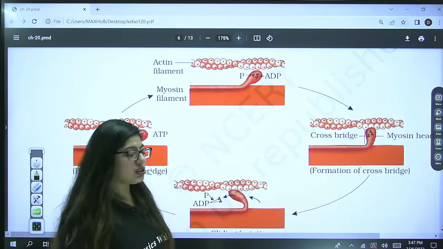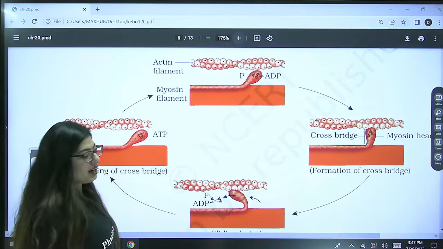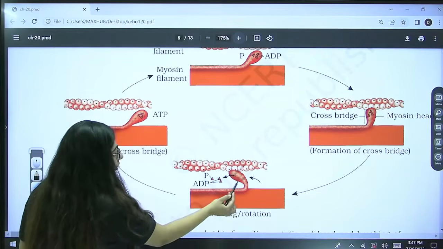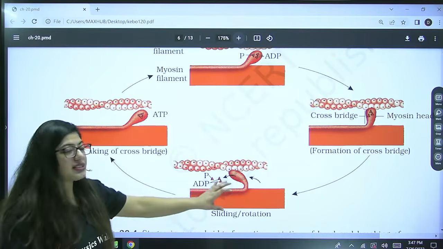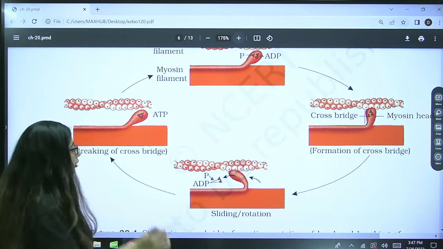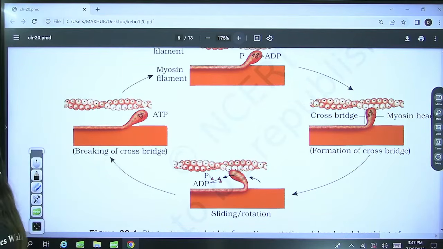Once this cross bridge is formed and ADP is released, you can see here ADP has also been released, the head will move, causing the sliding or rotation. So once the sliding and rotation has taken place, a new ATP will bind, which will break the cross bridge.